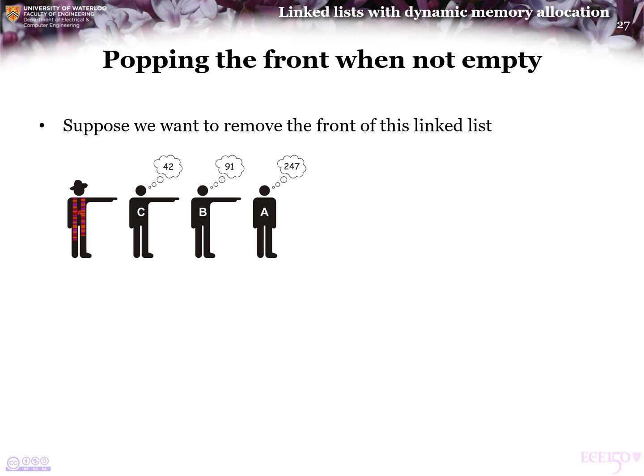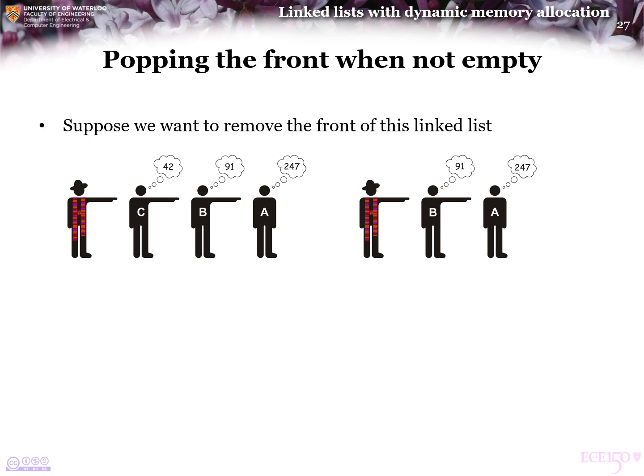So suppose we want to remove the front of this linked list. Here the linked list head is storing the value Casey, but we'd like to remove Casey from this linked list. So what we really want to do is we want to update the list head so it is remembering the name Bailey.